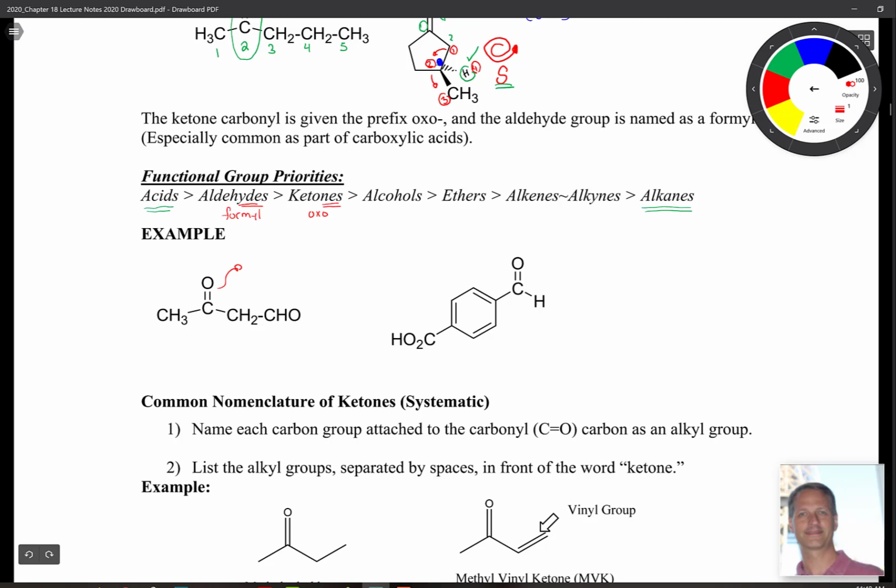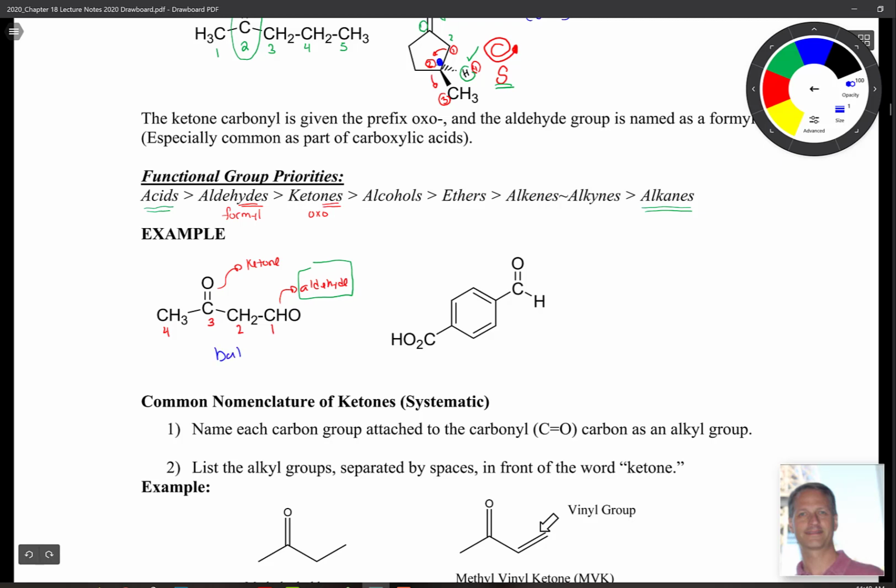You say, okay, here you have a ketone, there you have an aldehyde. So aldehyde wins. So this is going to be named as an aldehyde. So naming this as an aldehyde gives us 1, 2, 3, 4. So it's but-, and it's butanal or butyraldehyde. Either of those are okay.